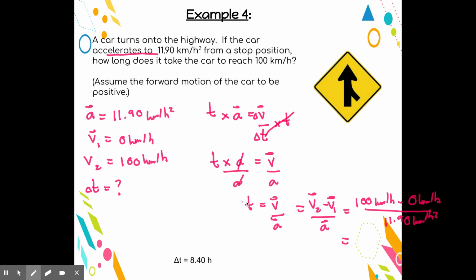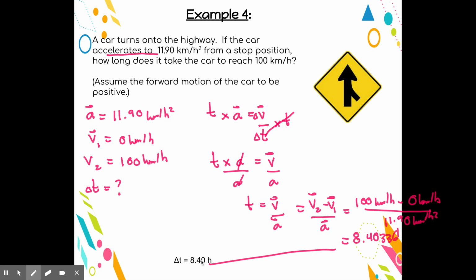So we do a little math, basically 100 divided by 11.90 should give you 8.403361345, but with rounding and sig digs, I get 3.